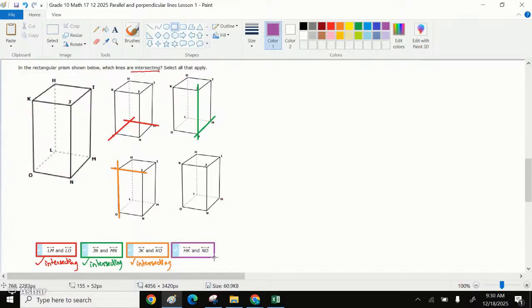That was HK and NO. So where is HK? This is HK and this is NO. So if these lines are not intersecting, what are they? Not intersecting. Then these lines are skew because they are not parallel either. They are in different planes.